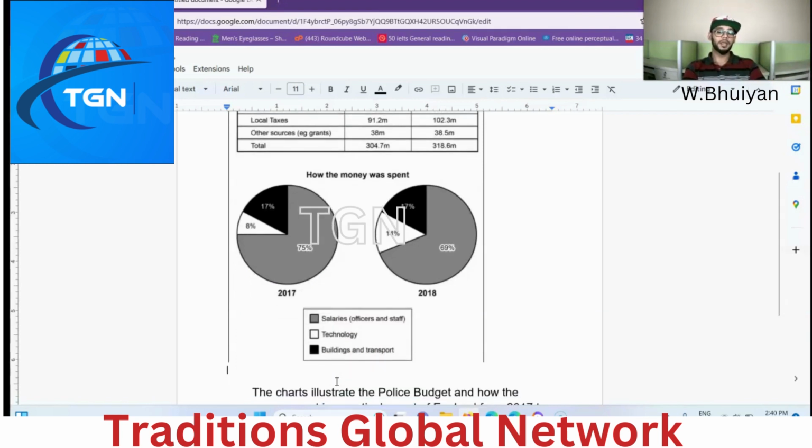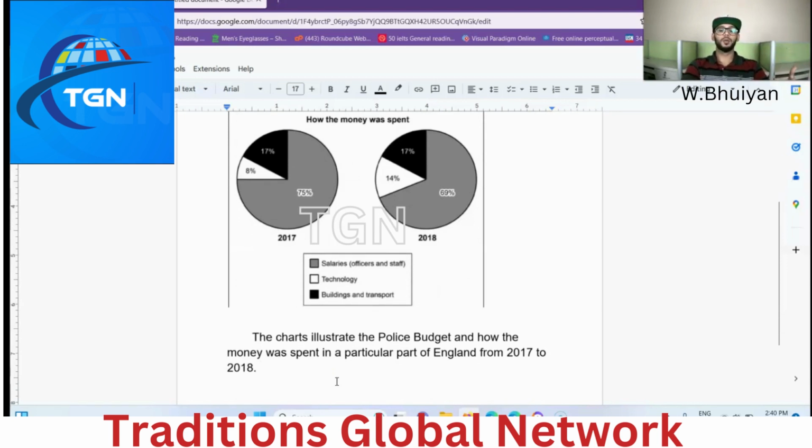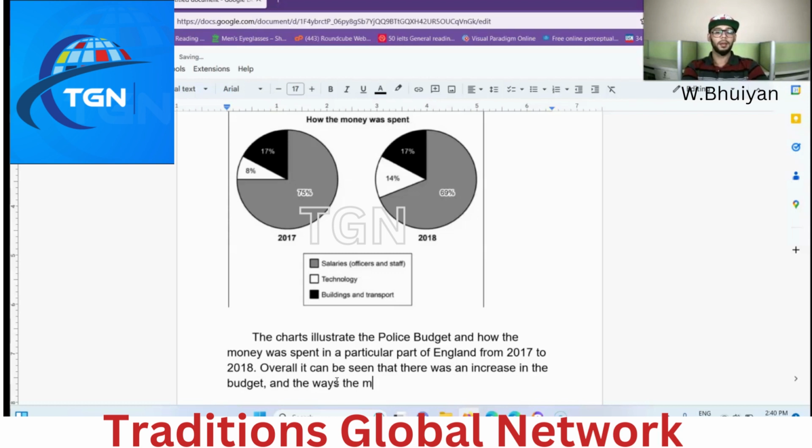So I'll just say overall it can be seen that there was an increase in the budget, and the ways the money was spent were relatively similar in both years.